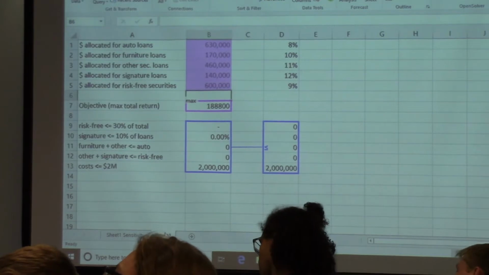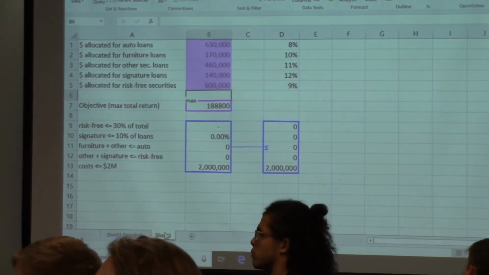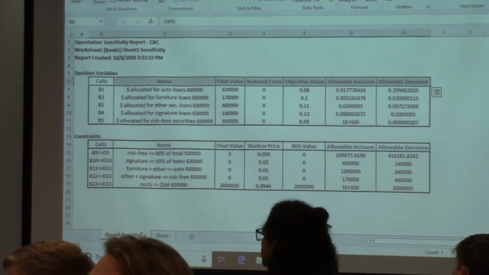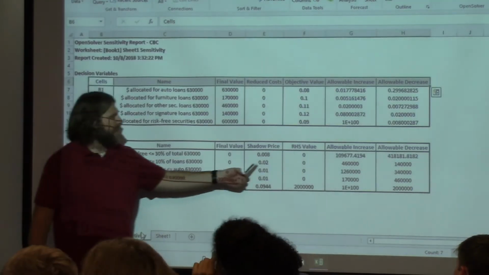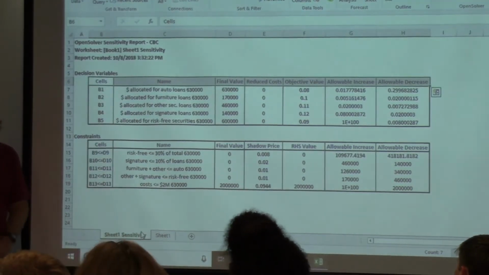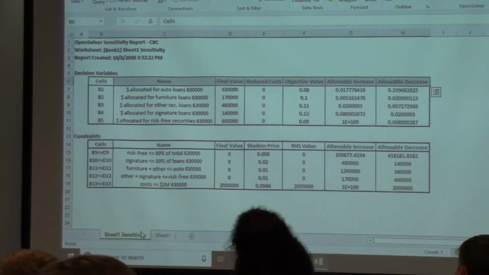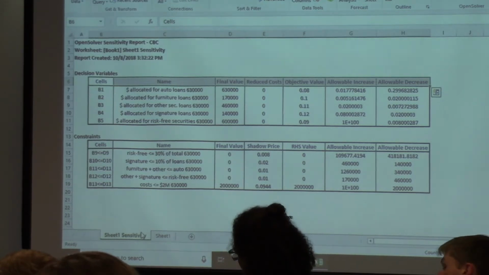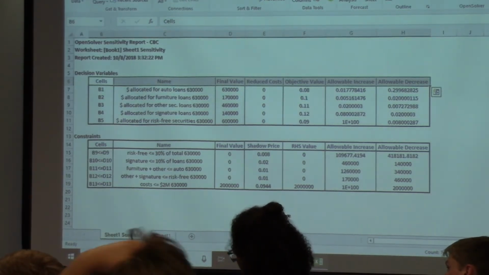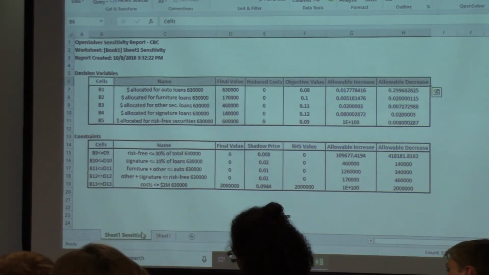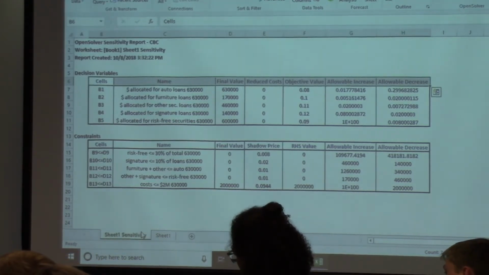Then our objective function would increase by 80 cents. So for every dollar we can use more of risk-free securities, we can make 80 cents, because it's 0.8%.